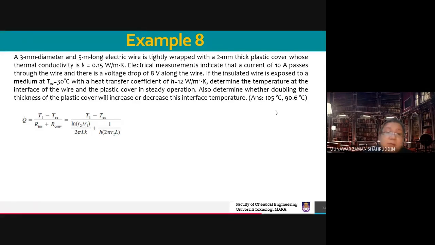Electrical measurement indicates that a current of 10 ampere passes through the wire and there is a voltage drop of 8 volt along the wire.